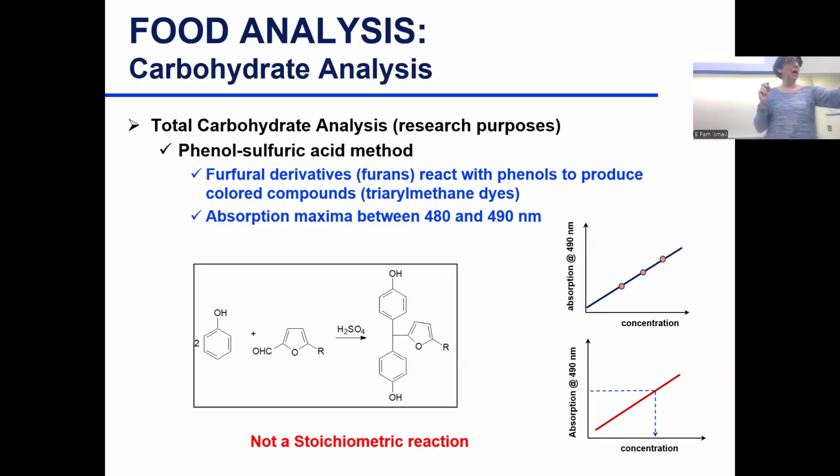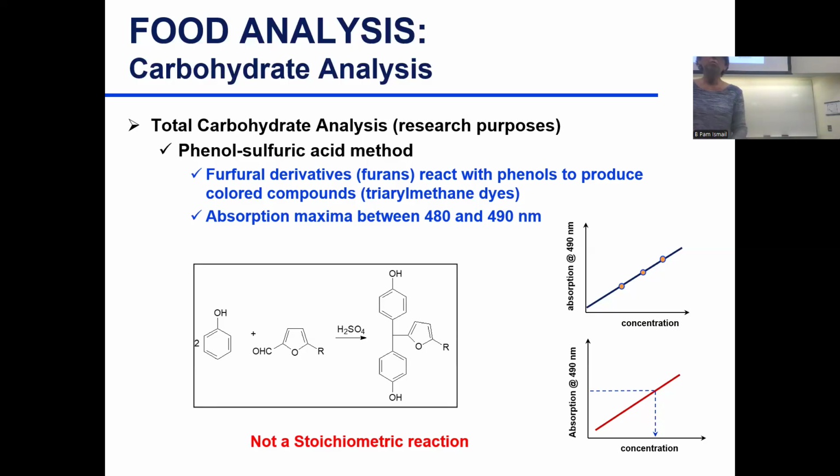Yes, so all of the compounds would generate the same amount of compound that has color. But it's not. Fructose might generate a different number of furans than glucose, galactose, and other monomers. So that's why it's very important that we try to produce a standard curve with a composition of monomers similar to your sample.